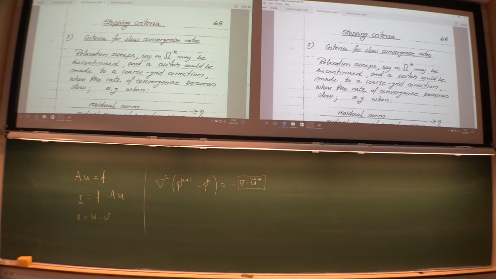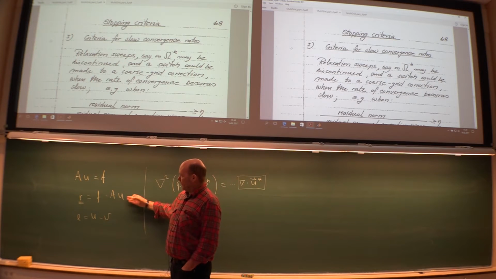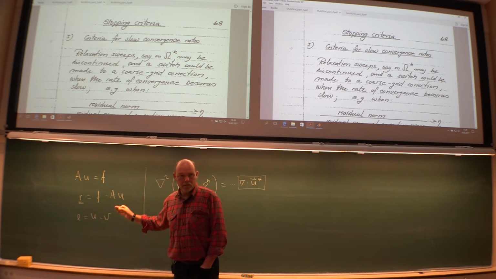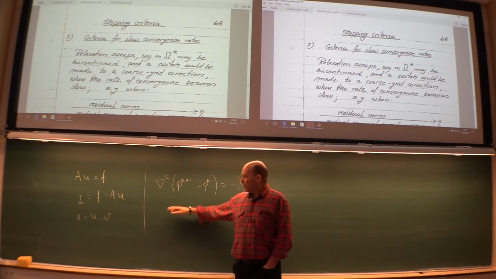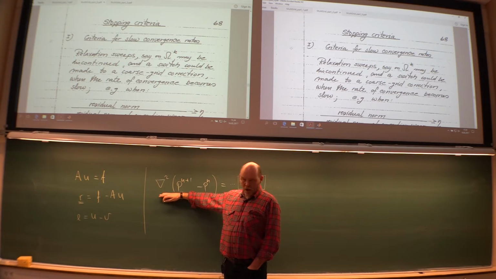Also, as I mentioned initially, solving this equation perfectly down to machine accuracy, you can do it, but it's a waste of time because you have an error in your equation system already, since you have to discretize the real partial differential equation.